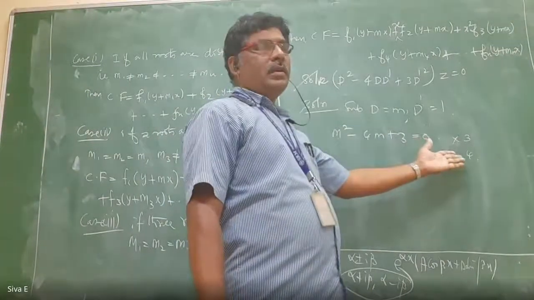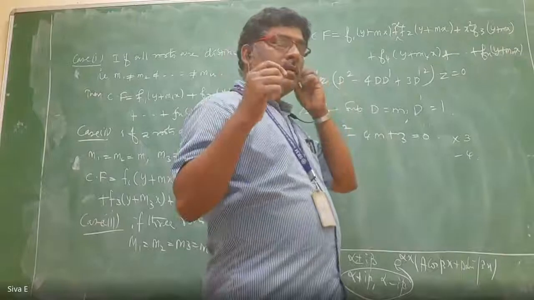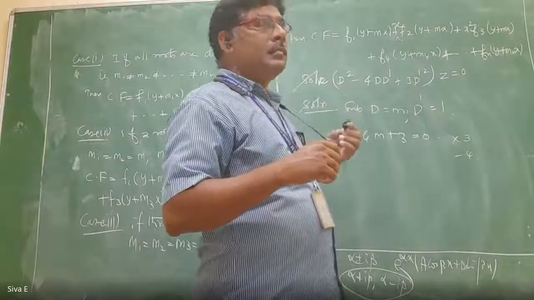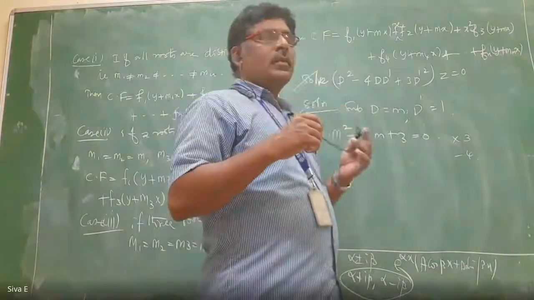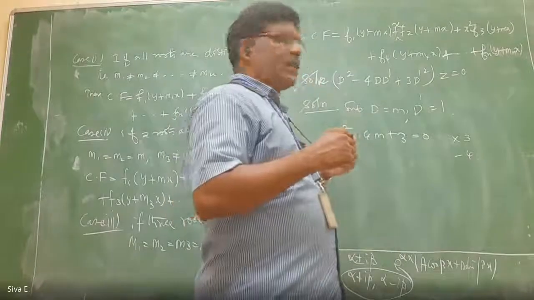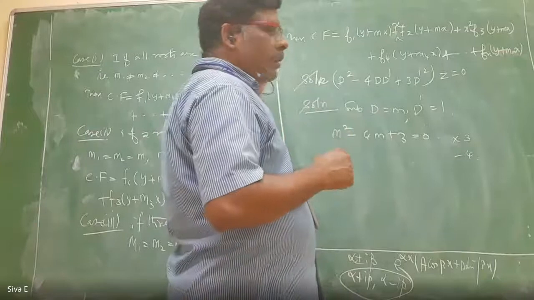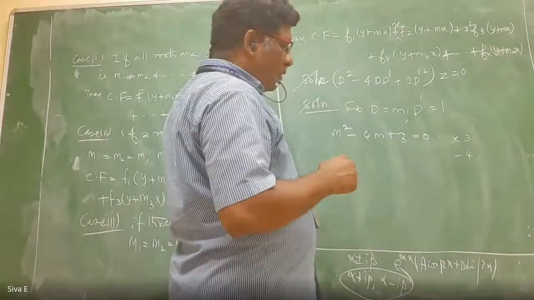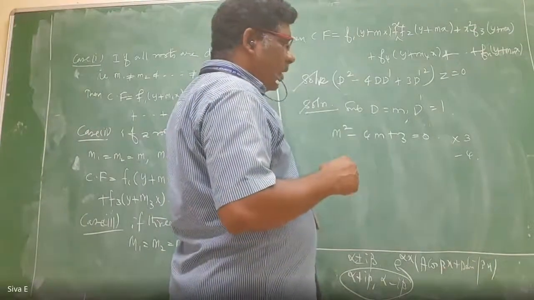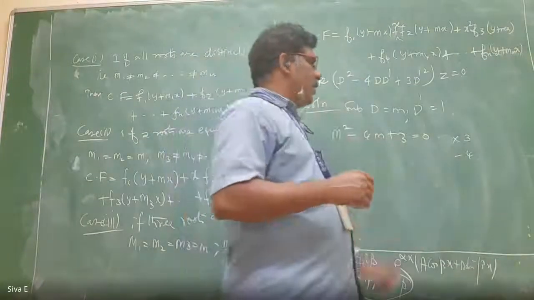Multiplication is 3. 3 and 1, sir. 3 and 1, no, no, 3 and 1 means you are not able to get minus 4.